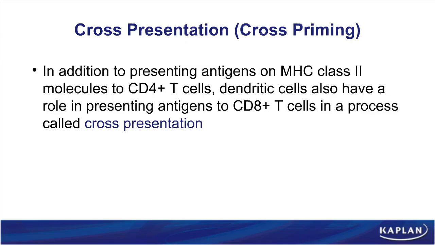This is going to be an important process in understanding what Dr. Ali is going to talk to you about in some of the later chapters, when we talk about the importance of interleukin-2 being produced from a T helper cell that also helps to activate a cytotoxic T cell.